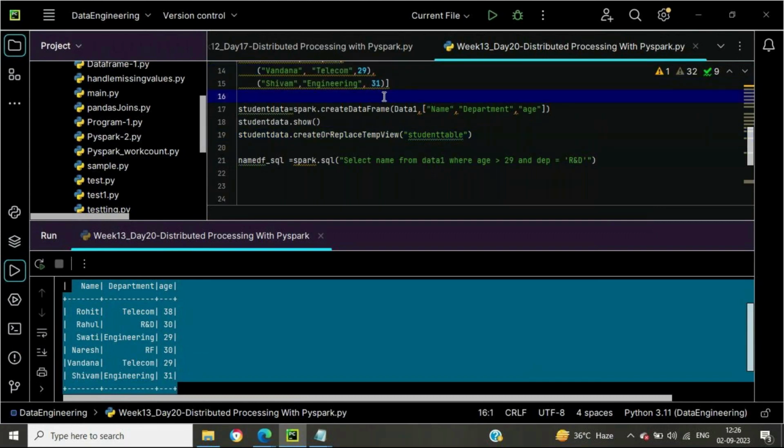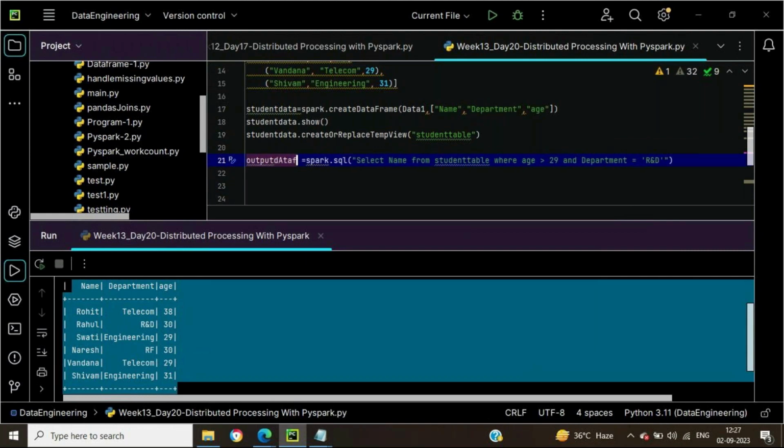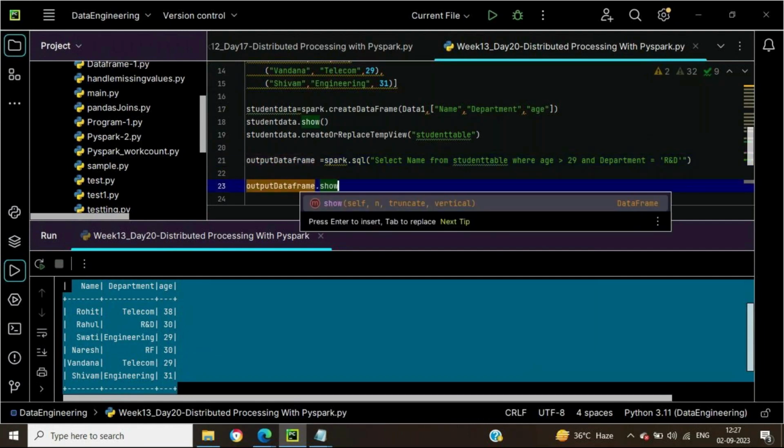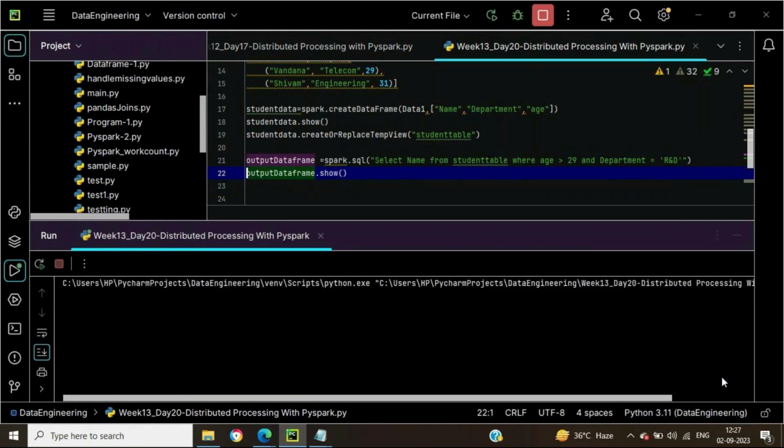Now on that temp view I'm going to run a query: select name from the student table where age is greater than 29 and department is R&D. And output data frame dot show.